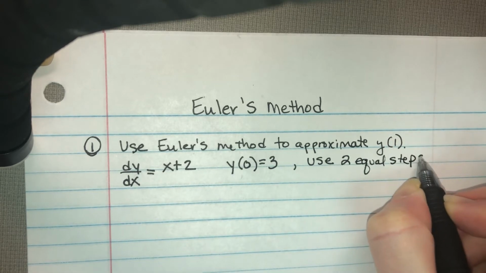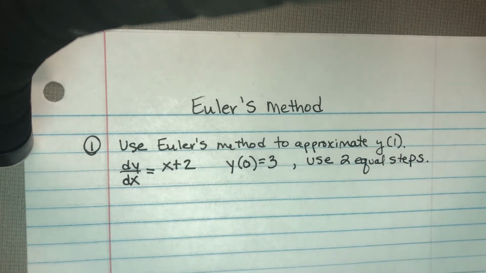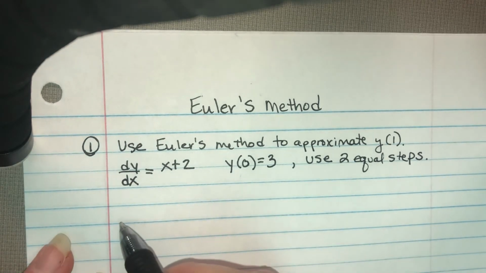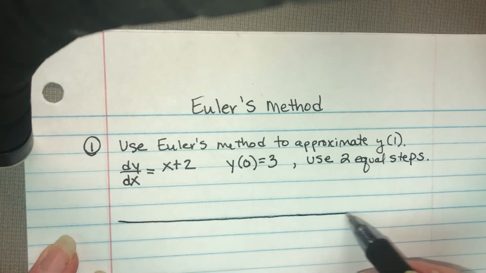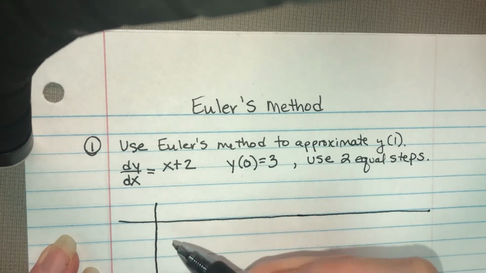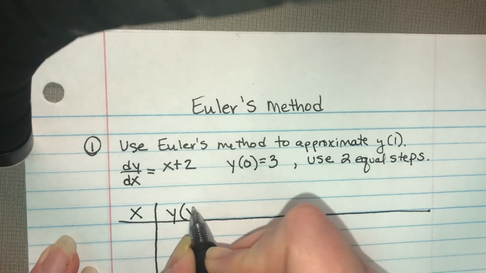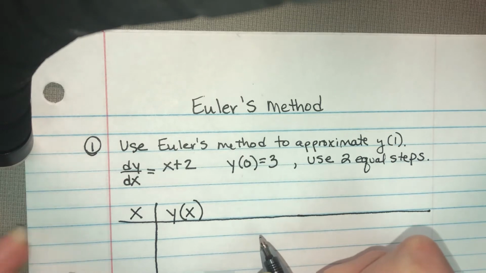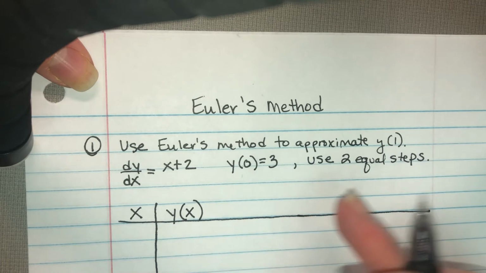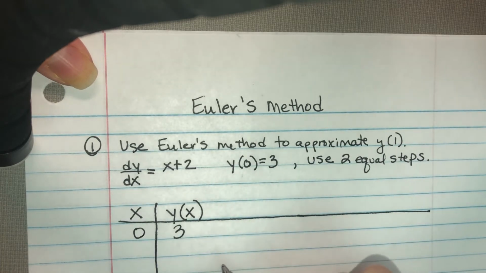They're either going to have to tell you how many steps to use or what the step size is to do these problems. So the way that we set it up is we make a little table, and you're going to have to be the one creating this table. So you're going to have to remember what goes where. We're going to put x's here and y of x is here. Okay, and then this is your point that you start with, 0, 3, 0 goes here, 3 goes here, okay?